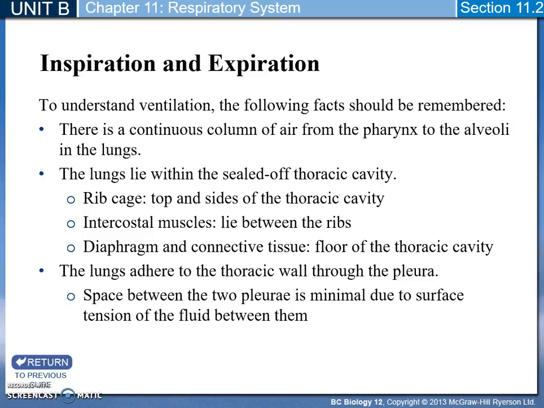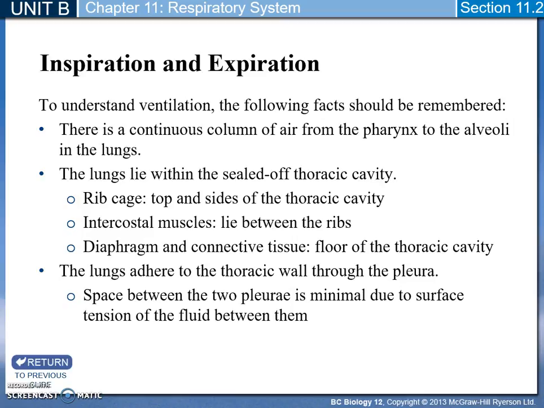To understand inspiration and expiration, the following facts should be remembered. There's a continuous column of air from the pharynx to the alveoli in the lungs. The lungs lie within a sealed off thoracic cavity. The rib cage comprises the top and the sides of the thoracic cavity.